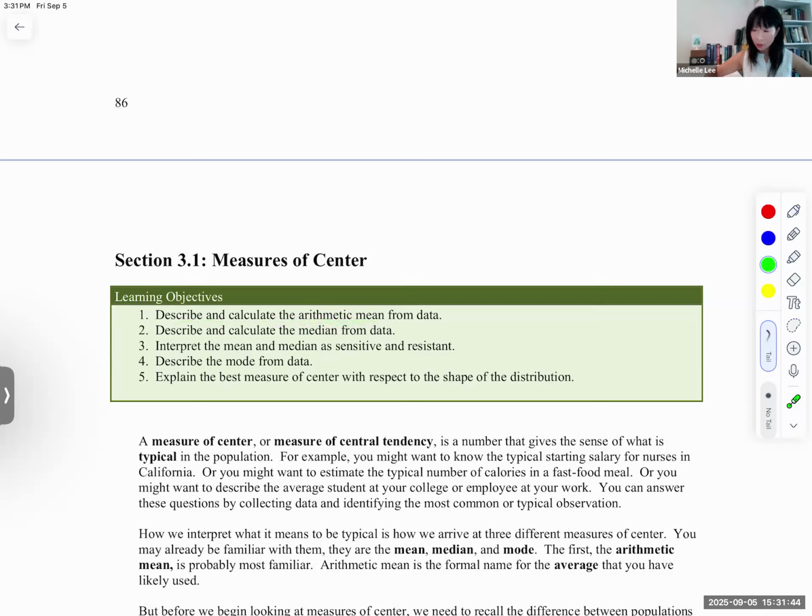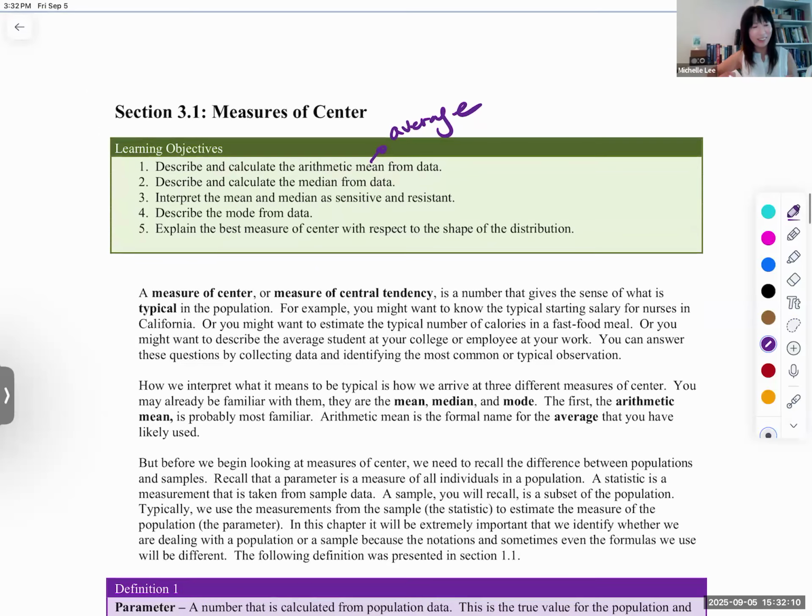Mean, which is average, and median, which is middle number. We are going to get to that. And interpret mean and median, sensitive and resistant, and describe the mode from the data. Okay, so let's go over that.